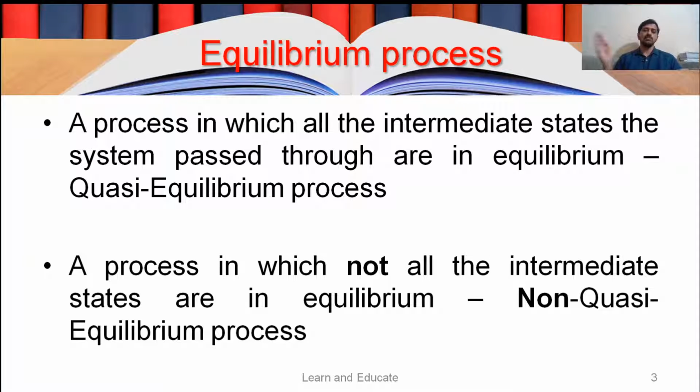If the system moves from one state to another suddenly, for example in a piston cylinder device, if a pretty high pressure is applied on top of the piston and the compression is quick, the process will not be quasi-static at all, because the molecules next to the piston head will not get enough time to relocate. They will be moving randomly, so the intermediate states will not be in equilibrium, and it would be a non-quasi-equilibrium process. On the other hand, if you apply the pressure slowly, we can have a quasi-equilibrium process. We will see examples of both.